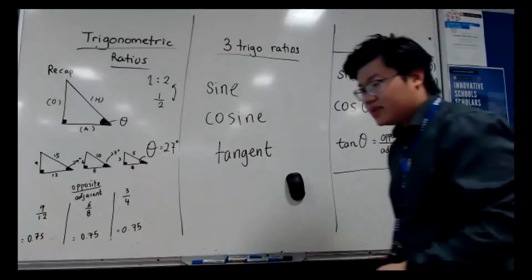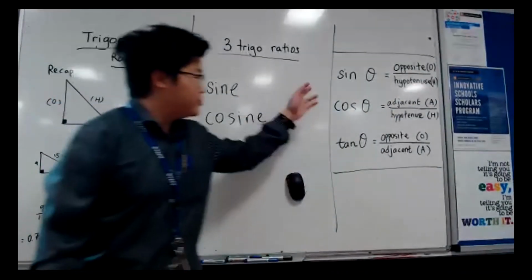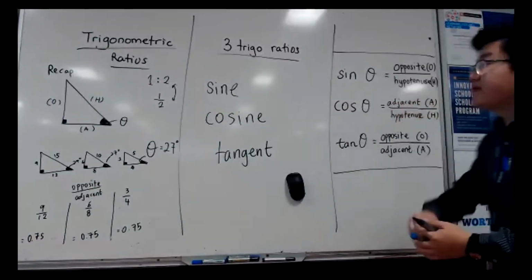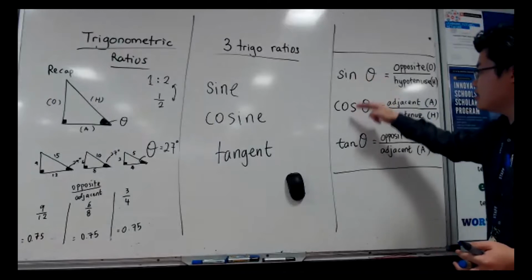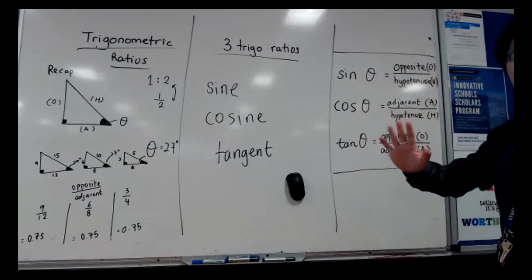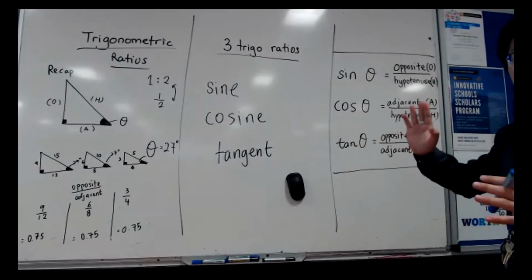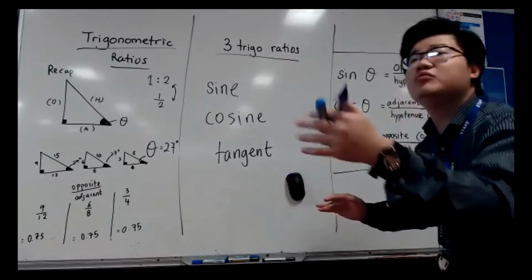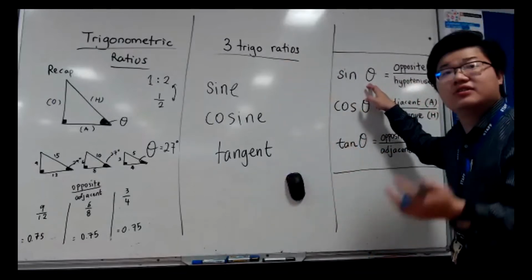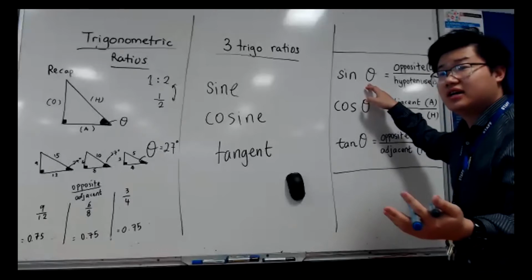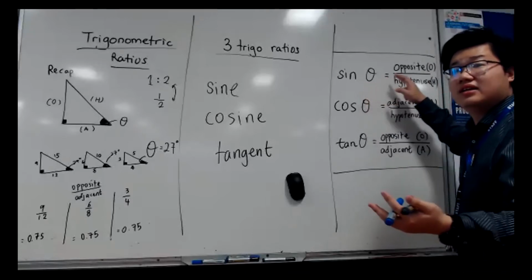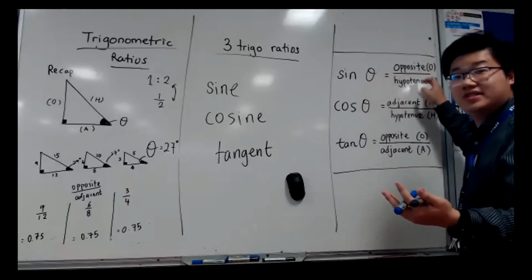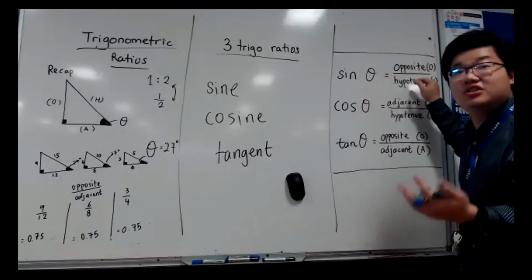Now, what these ratios are doing, as you can see here, how many sides have you got? So these ratios, sine, cos, tangent, what are they trying to do here? They're trying to develop a relationship between an angle, the reference angle, which is theta, and how many sides? 2 sides.